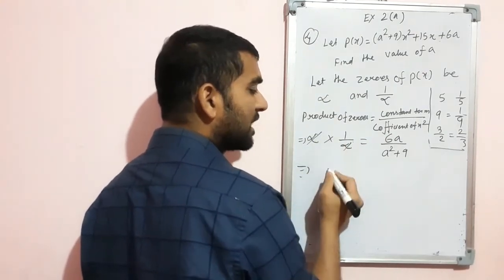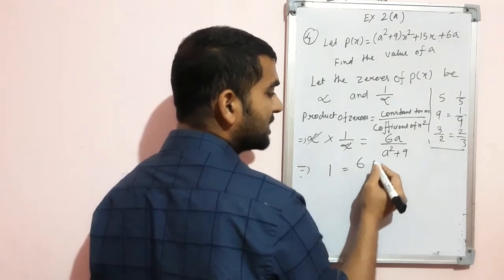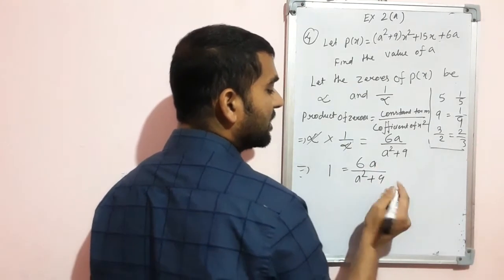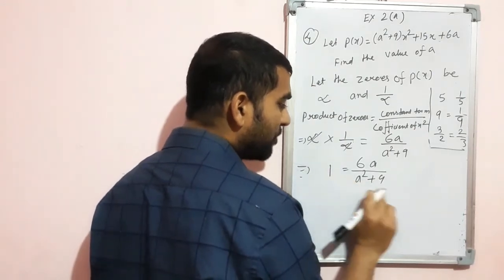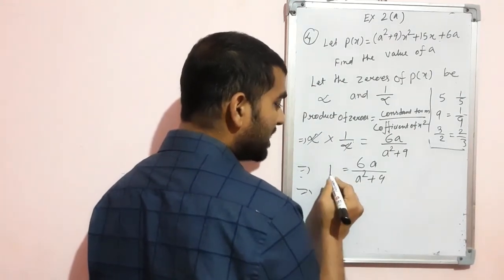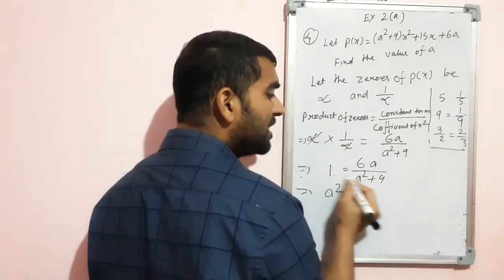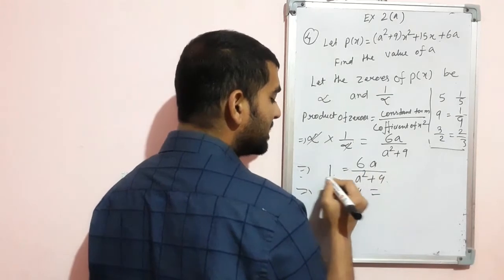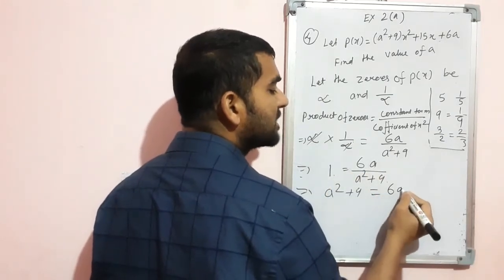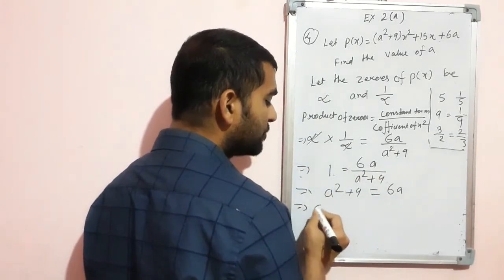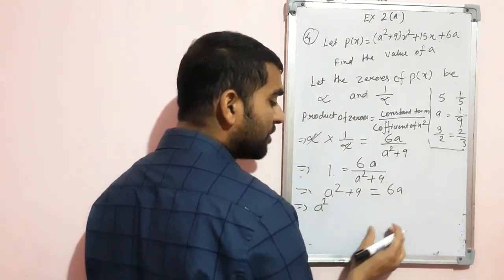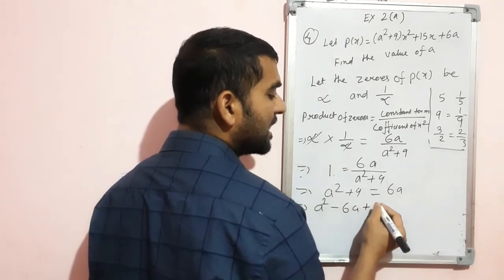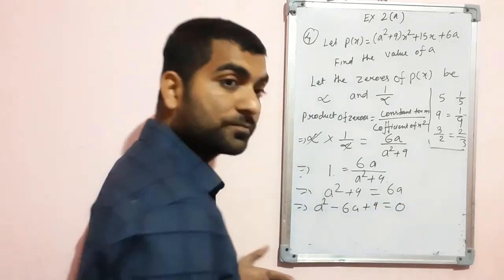So next step we will get 1 equal to 6a divided by a square plus 9. Cross multiply. Multiply 1 with a square will be a square, 1 into 9 will be plus 9, equal to 6a into 1, which is 6a. Bring 6a to this side. We get a square minus 6a plus 9 equal to 0.